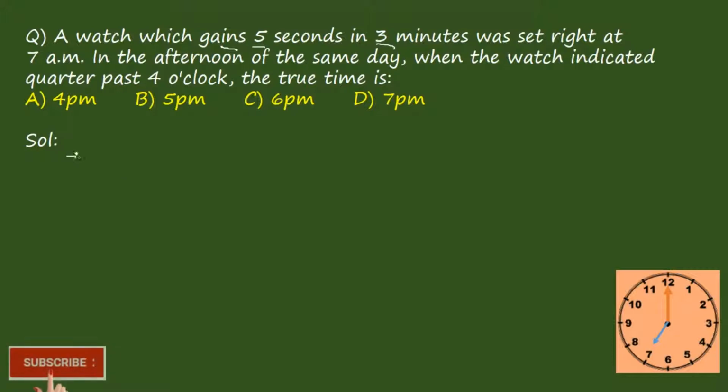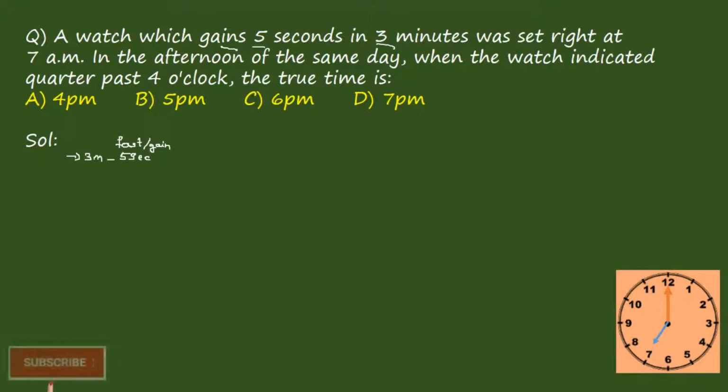So we can say that for every 3 minutes, the watch is fast by 5 seconds, or you can say it gains 5 seconds.